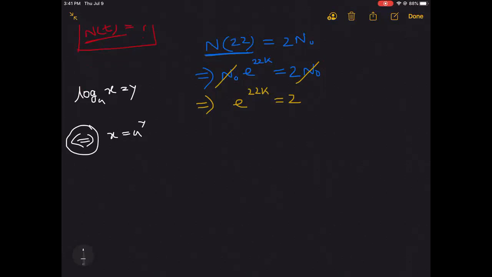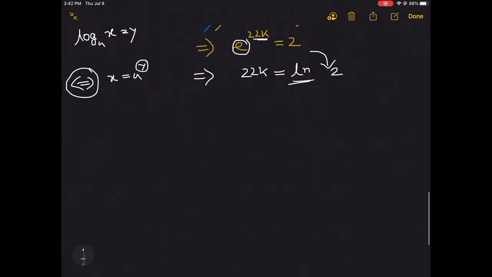So if we use that same property, obviously on my right, I'll have a ln because this will become my base. So if the base is e, we can straight away write a ln, right? And this 2 will come down here and we'll have a 22K, because that's my y. So clearly my K would be 1 over 22 times natural log of 2.